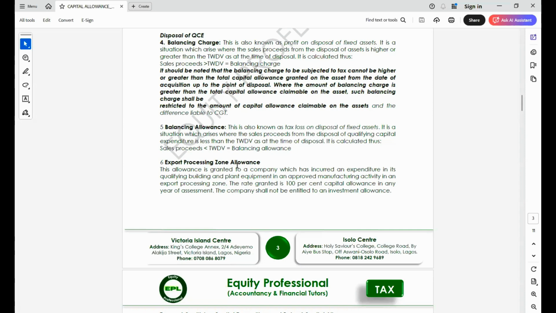As a result of that, you are going to be granted an allowance called export processing zone allowance, at the rate of 100% of the cost of the asset. 100% capital allowance in any year of assessment.